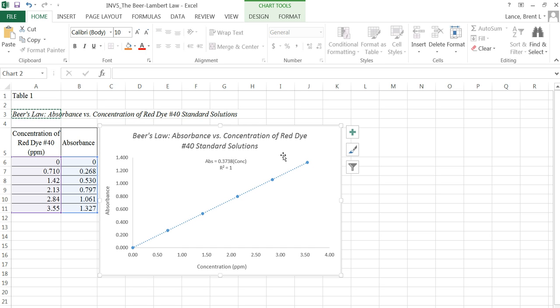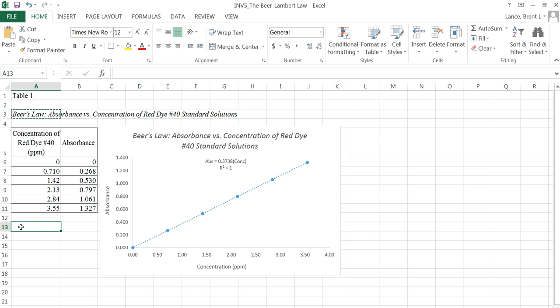The next thing is I will take this equation right here, and I'll use that to calculate the concentration of the unknown. Let's see, looking at my notebook, the unknown's absorbance was, looks like 0.148.